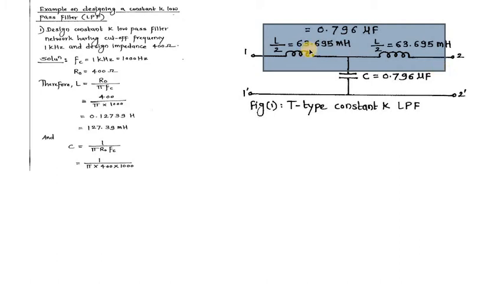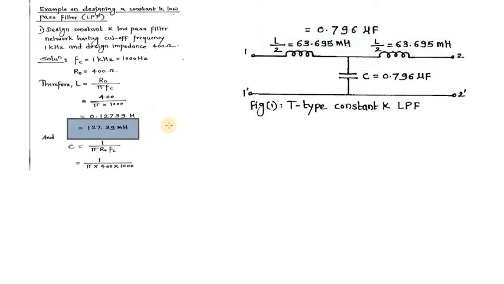When two inductors are kept in series, the equivalent inductance should be 127.39 millihenry, and it is possible only when 63.695 millihenry of an inductance is connected in series with another inductor of the value 63.695 millihenry.